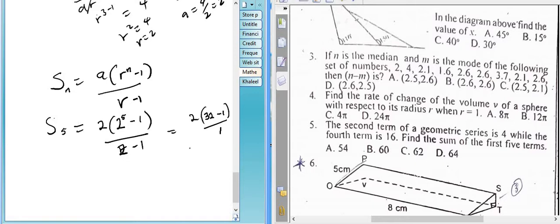Then we have 32 minus 1, that's 31, times 2, and 31 times 2 is 62. So we have S5 is equal to 62.